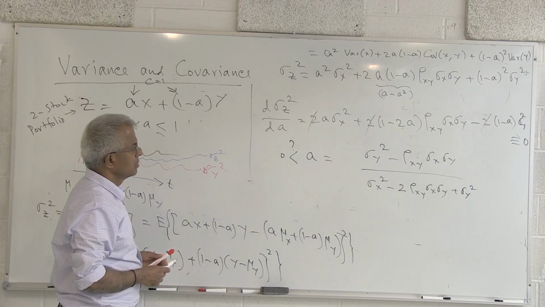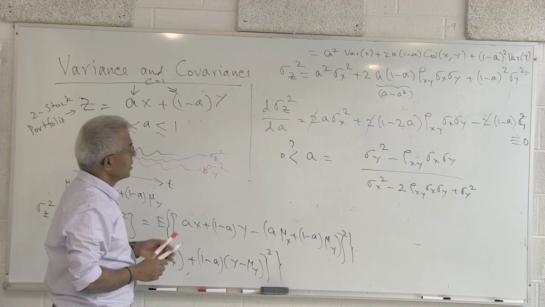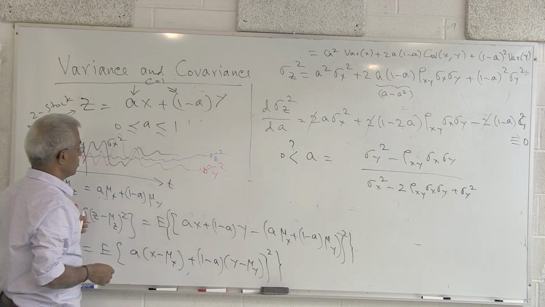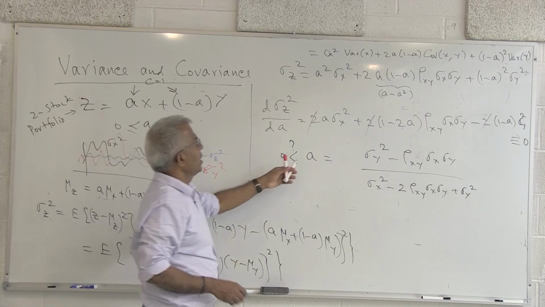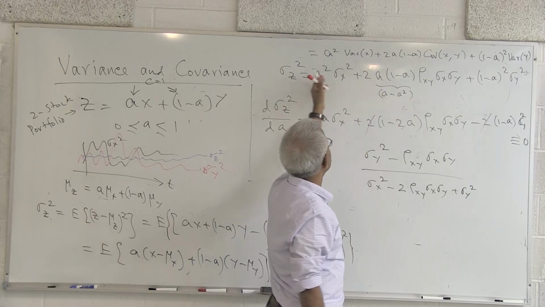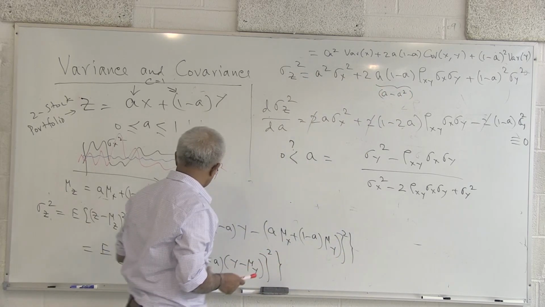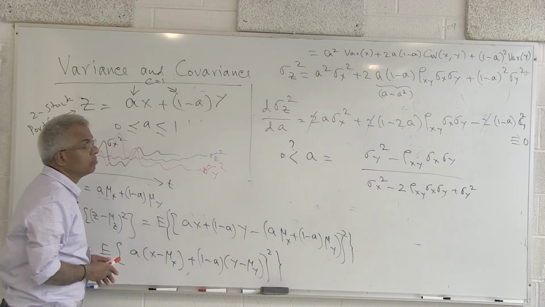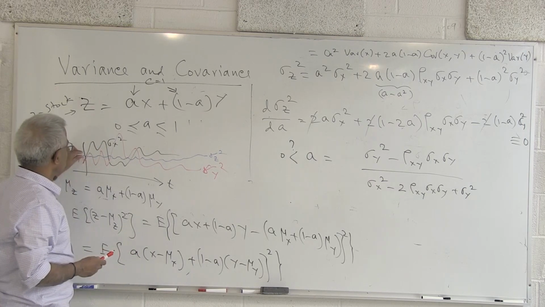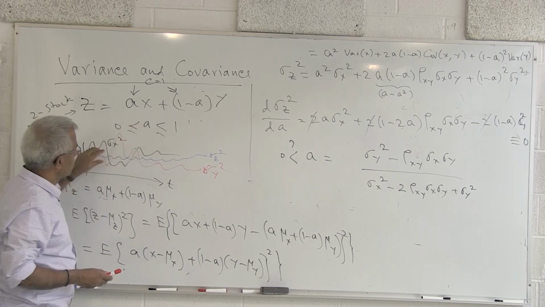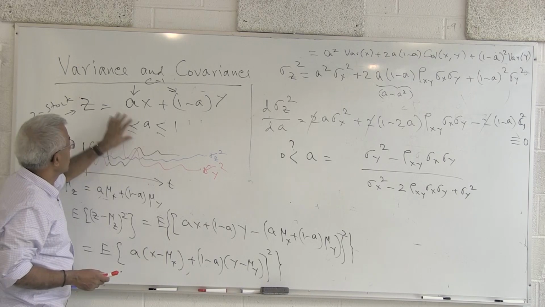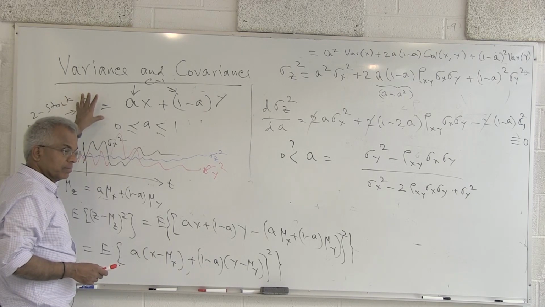Then you can substitute that value for a into this and also find out the minimum value of the variance. So the idea is by putting this, you reduce the volatility of what you are holding.